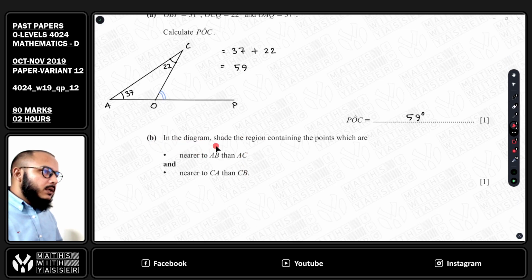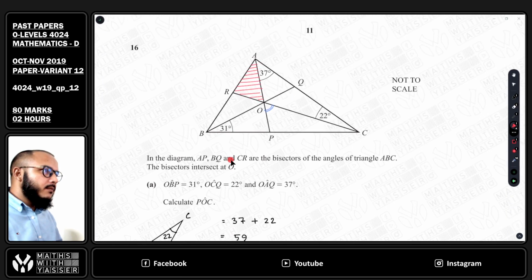In the diagram, shade the region containing the points which are nearer to AB than AC, also nearer to CA than CB. So first, let's look into the first statement, which is nearer to AB than AC. They have stated in the question that these lines are the bisectors.